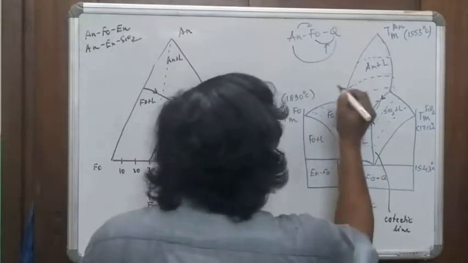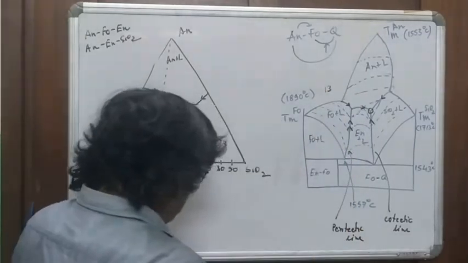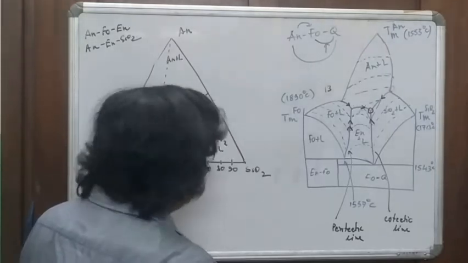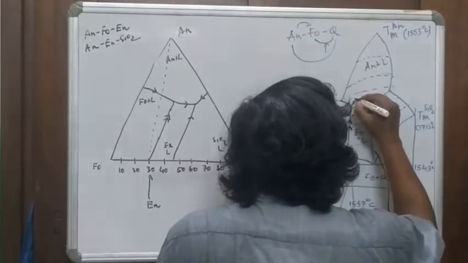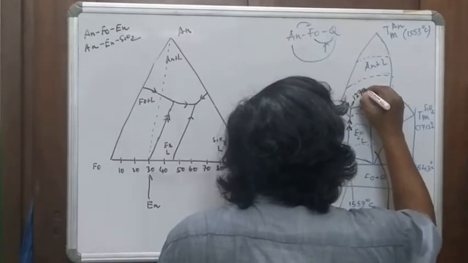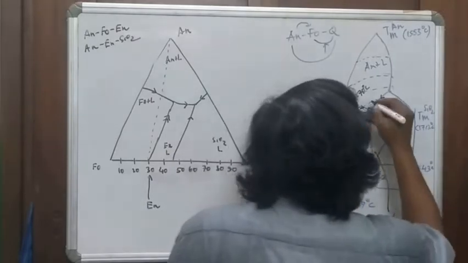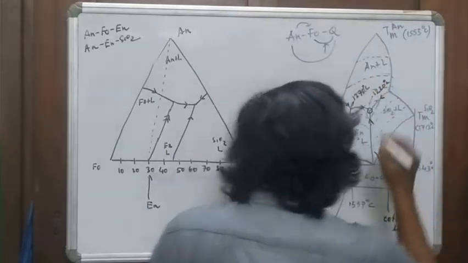This temperature is 1270 degrees centigrade. This is 1220 degrees centigrade.